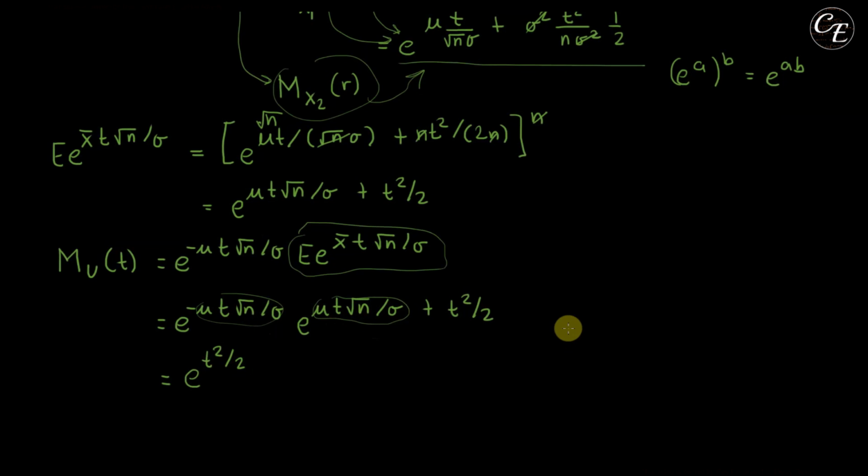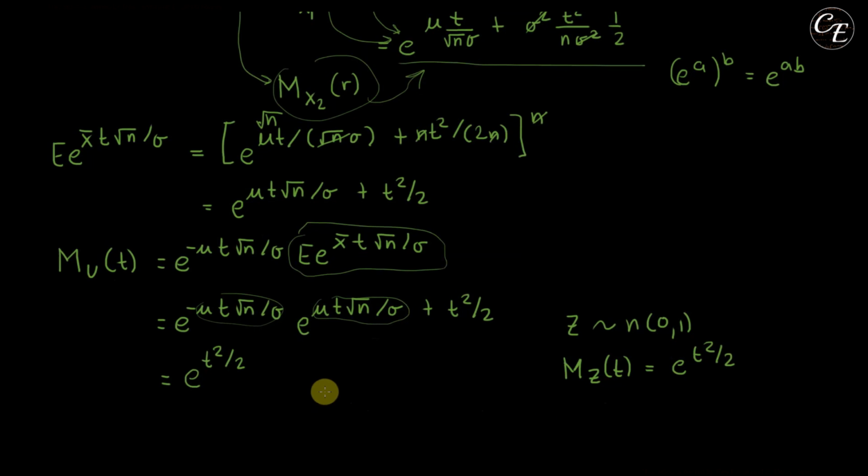Now for a random variable which has a standard normal distribution, its moment generating function is e raised to t squared over 2. You can find it in several references. Comparing this to this, they are the same. So the moment generating function for u is the same as the moment generating function for z.